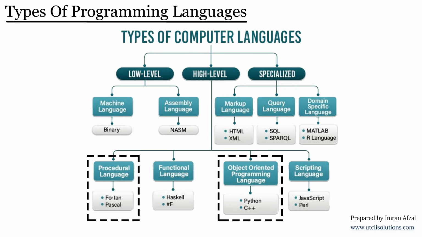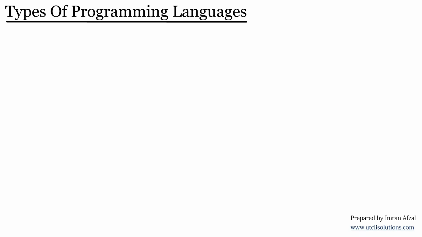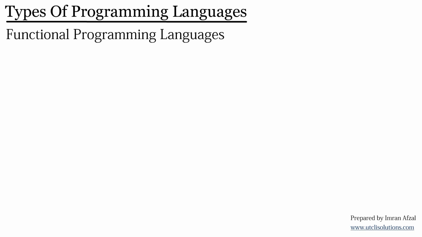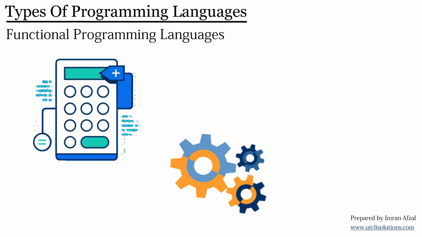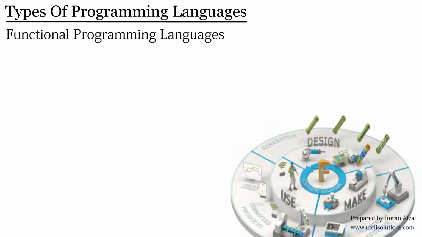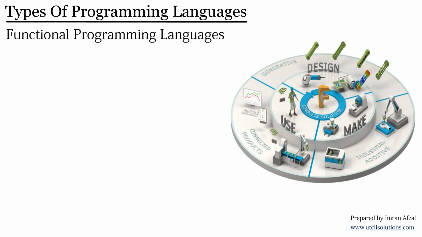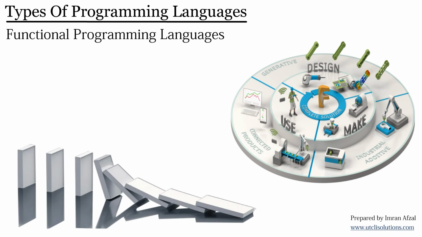The next one is functional programming. Functional languages see computation as performing calculations just like in math. They focus on making things unchangeable and avoiding actions that can cause unexpected consequences. Examples include Haskell, Lisp, and Erlang.